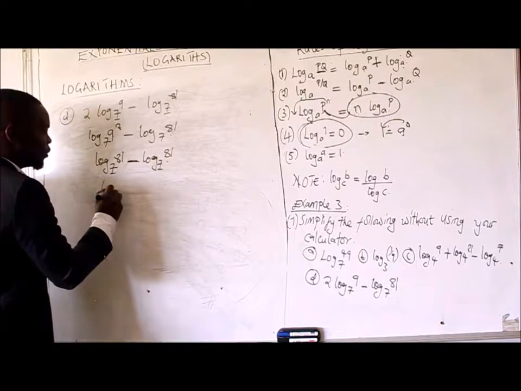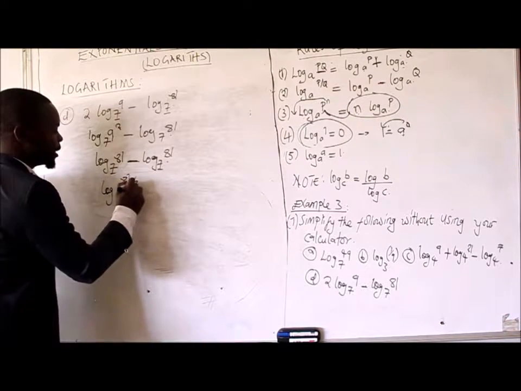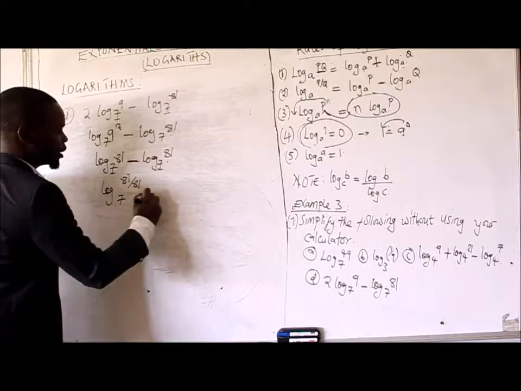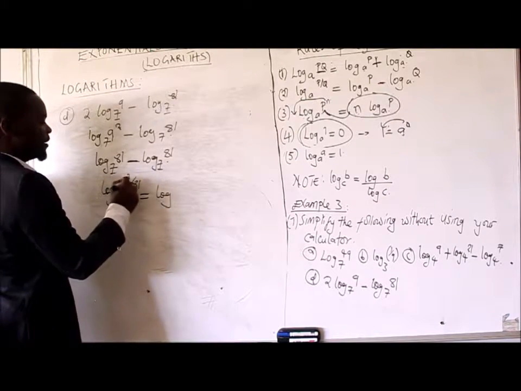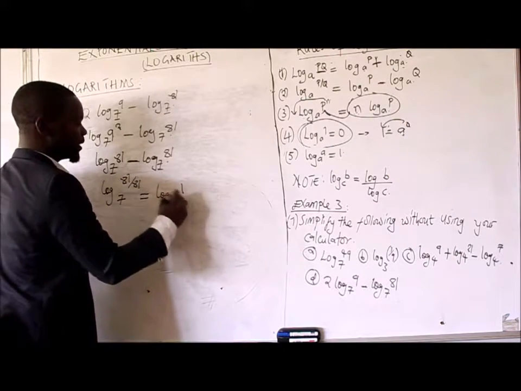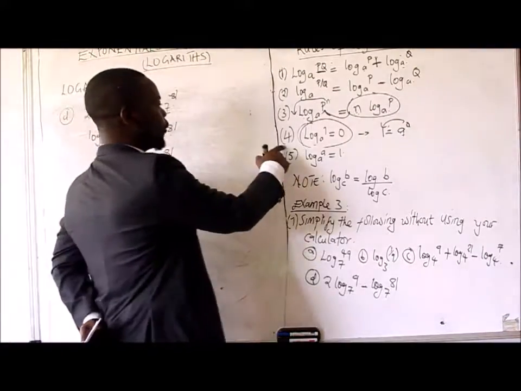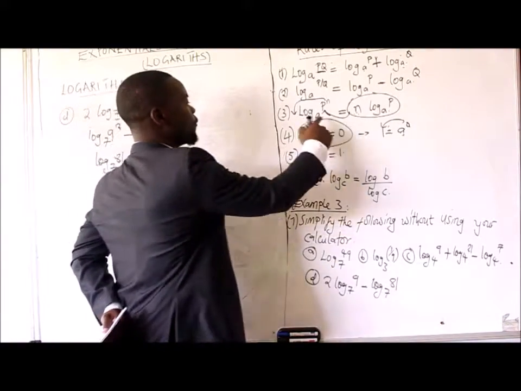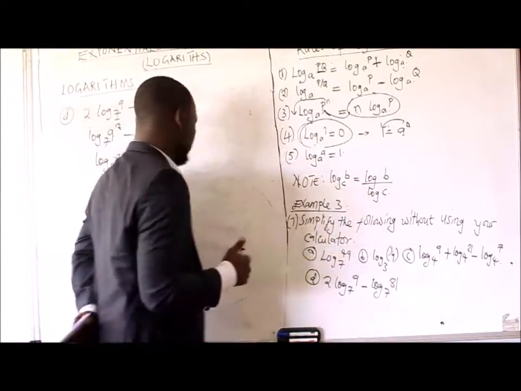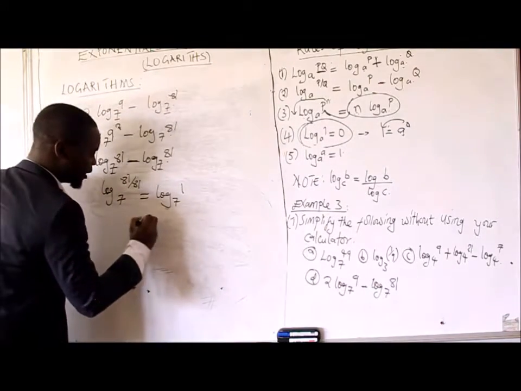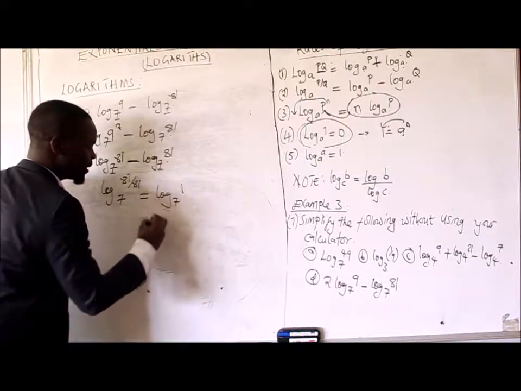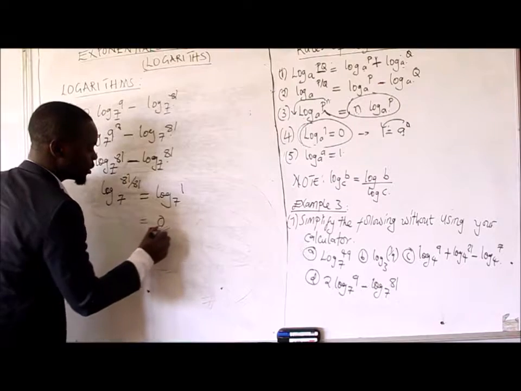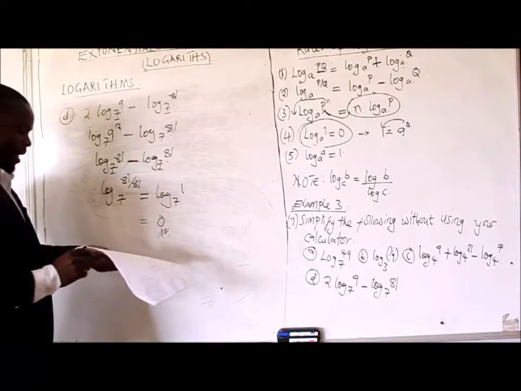Therefore, we have log of 81 over 81 base 7, which is log of 1 base 7. According to rule 4, log of 1 base A is equal to 0. So log of 1 base 7 is 0. This is our answer.